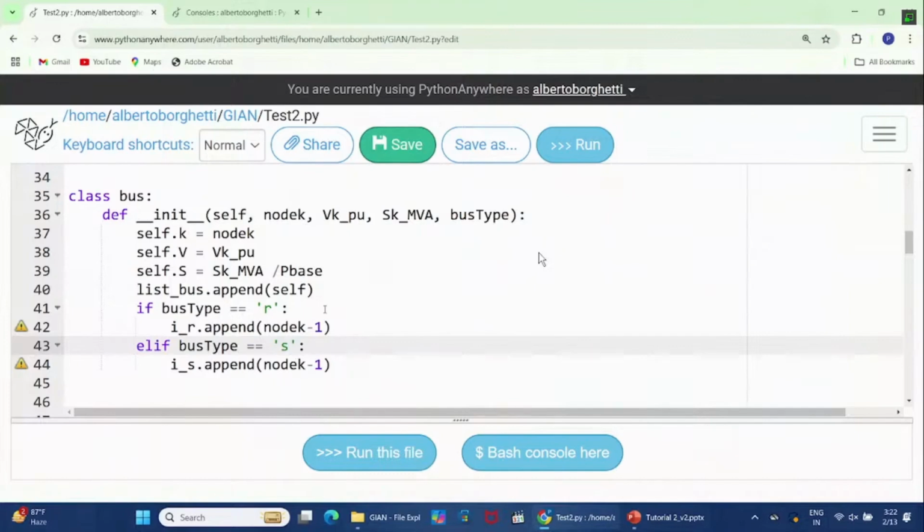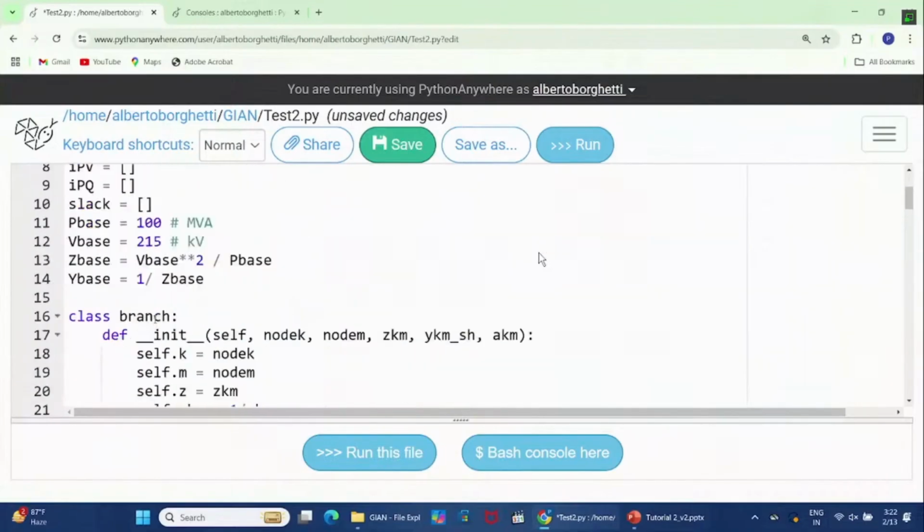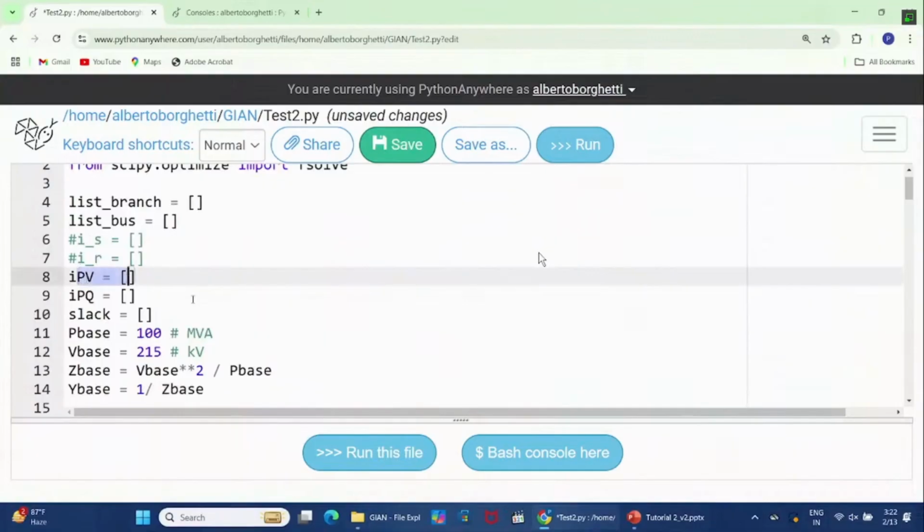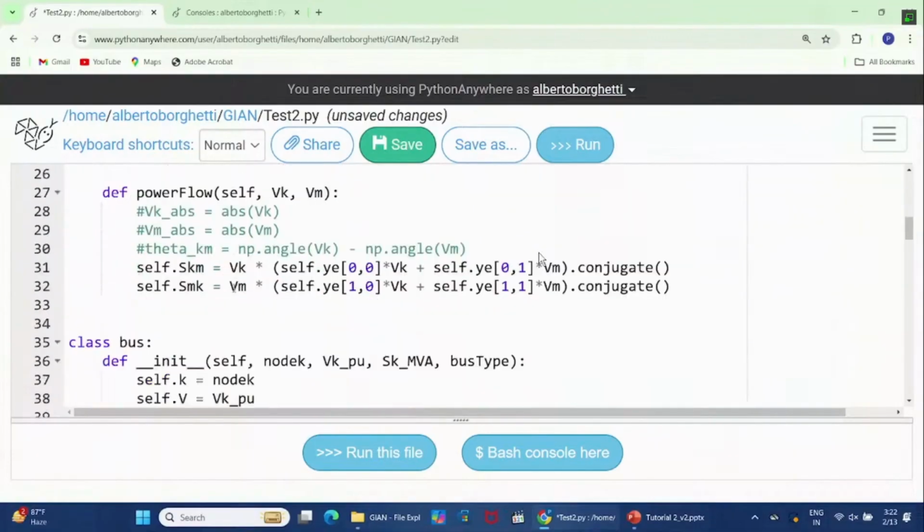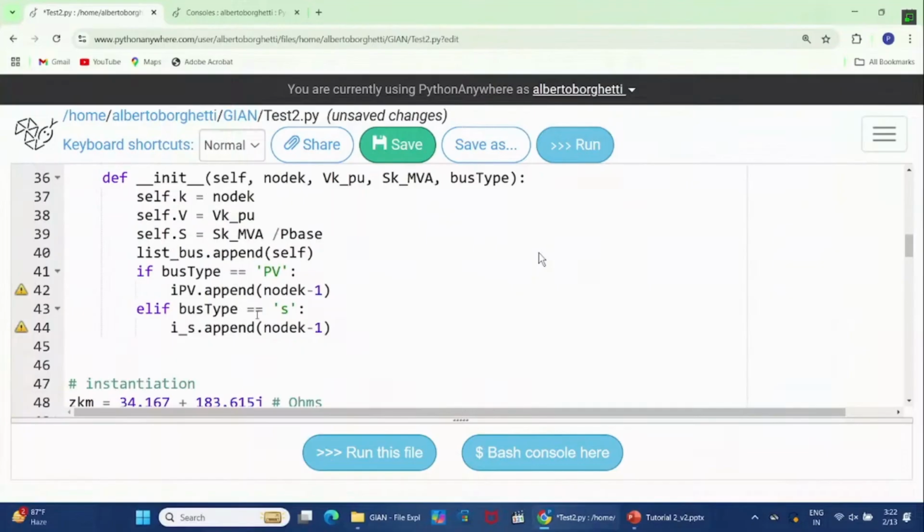So we can say PV here, and then append in the IPV, it is the list that is empty at the beginning, but we append the nodes. If the type is PQ, we need to append in the list IPQ.